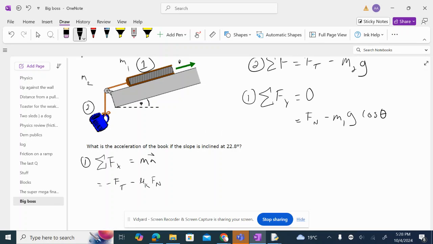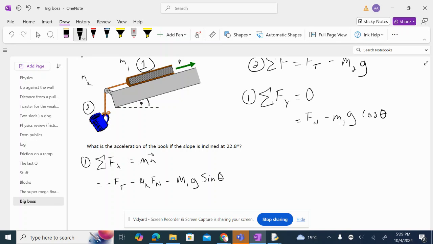And then we also need to subtract m1 g sine theta. And now you might be wondering, why in the world are we using this sine theta? It's because when we look at these different directional properties, we need to understand that this has to be a factor of sine or cos theta because we're on an incline.